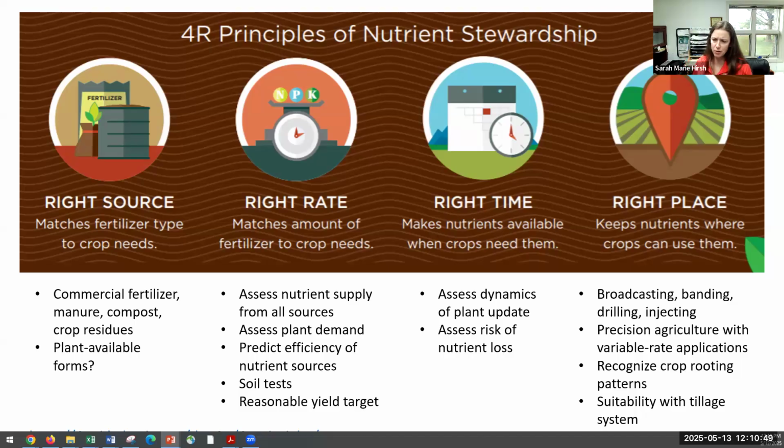We'll talk about this later, but for example, if you have nitrogen on the soil surface in the fall after growing a crop, in our region and our climate, that nitrogen is going to be 3 feet deep by the spring. So a soil test in the fall is not going to be indicative of how much nitrogen is there in the spring.